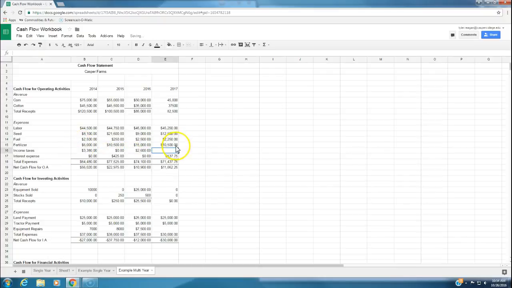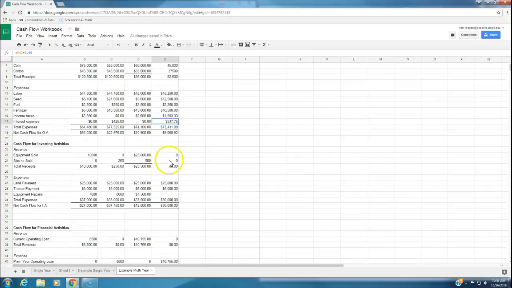And then income taxes. We're going to say income taxes is an average as well. And then we already have our interest expense filled in. Equipment sold, we're not expecting to sell any equipment or stocks next year, so there's zero revenue there. You have set land payments and set tractor payments, but equipment repairs varies from year to year.